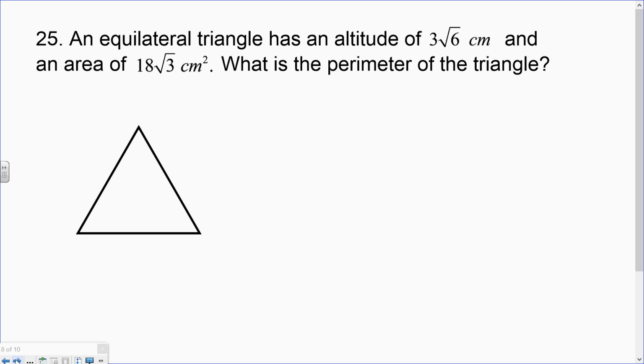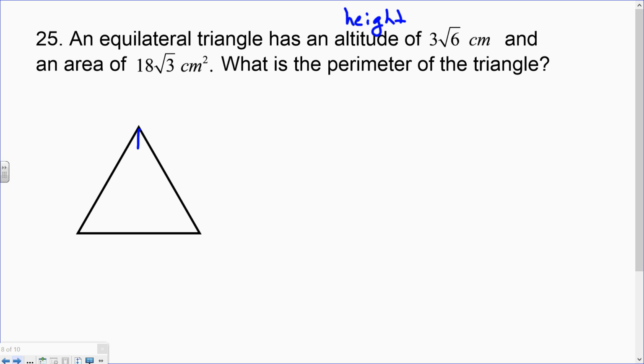So 25, oh, wait a minute, we didn't go over altitude. What's an altitude? Somebody type it or unmute and shout it out. Great, heard lots of you saying it. I appreciate that. It is just another word for the height.